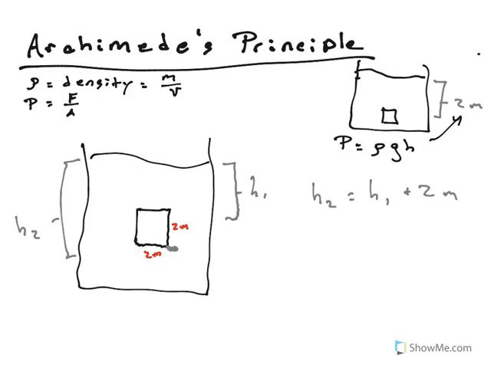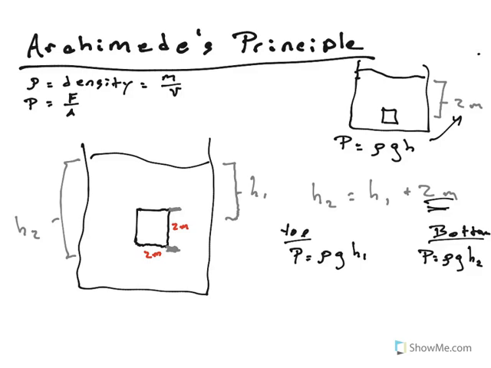That is, the bottom of the box is 2 meters lower than the top. So for the top of the box, the pressure is rho times g times h1, and the pressure at the bottom of the box is rho times g times h2. Since h2 is an extra 2 meters down, the pressure at the bottom of the box is going to be bigger than the pressure at the top of the box.